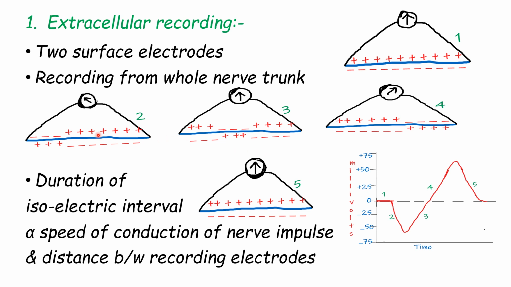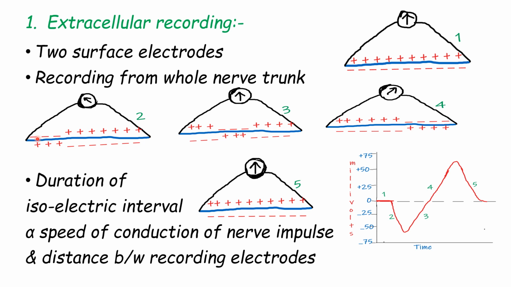Then as we stimulate the nerve, what happens? What is a stimulus? Stimulus is the energy made free by the change in the external environment. Stimulus can be physical, it can be chemical, it can be electrical. So this stimulus will cause change in the polarity of the membrane.